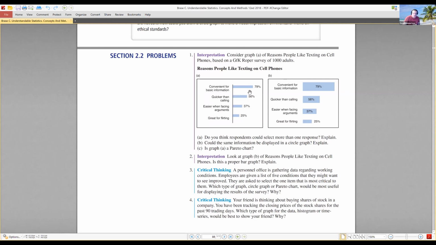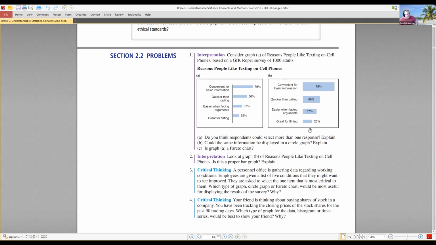So if you wanted to represent 79% in this one, don't you just make the length of it 79 units to represent 79%? What's happening here is not that. Why does 79 look like this and 25 looks like that?